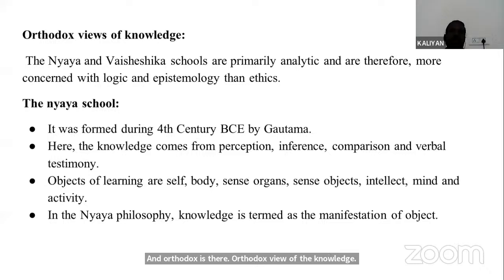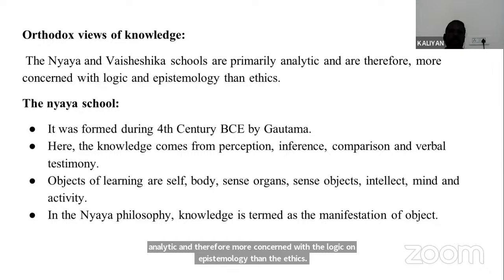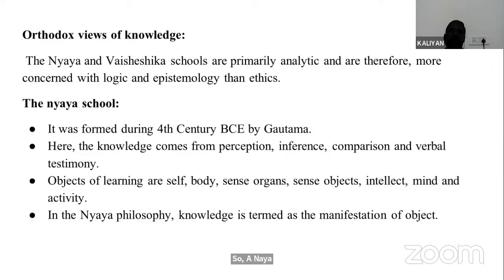The Nyaya and Vaisheshika schools are primarily analytic and therefore more concerned with logic and epistemology than with ethics. The Nyaya school was formed during the 4th century by Gautama. Knowledge comes from perception, inference, comparison, and verbal testimony.